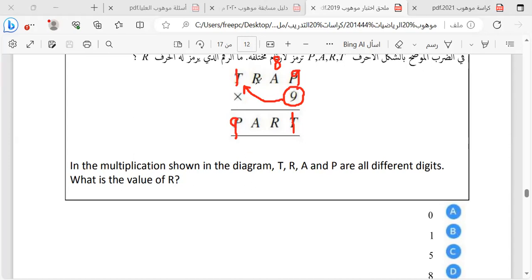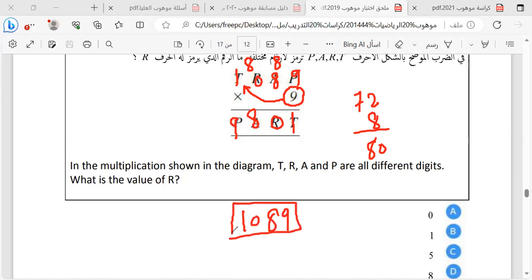So what's the number between A and R? If you put 8 here, 9 times 8 is 72, with 8 equals 80. So here 0 and here 8. So the number is 1089.